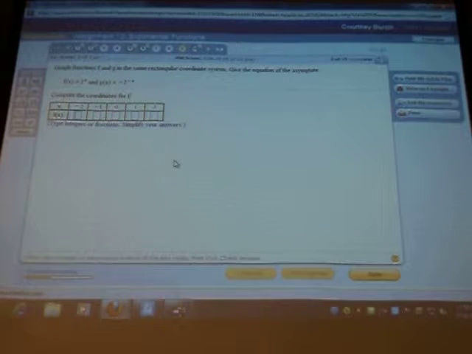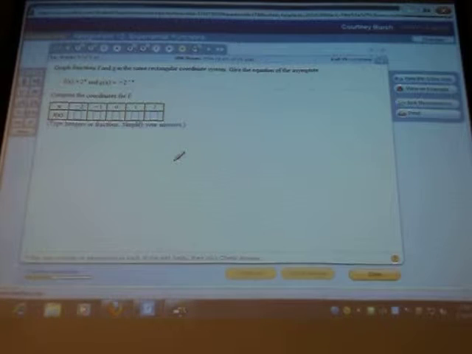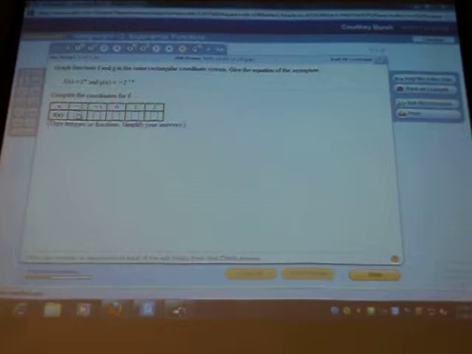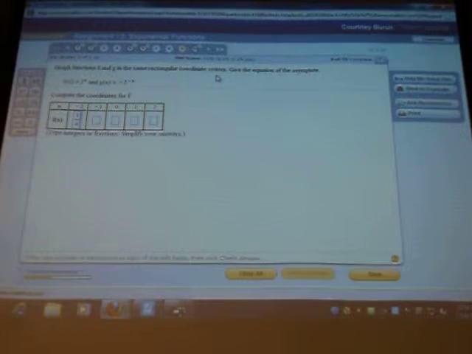It's the g of x that I can't get. All right, g of x is the problem.